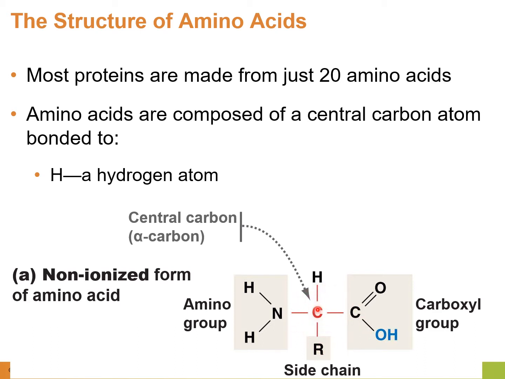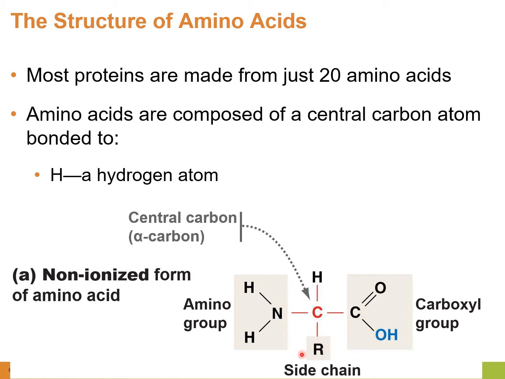We're going to have that initial carbon that's always bonded with this hydrogen atom here. Then you can see that we're going to have different functional groups. Here on the left, we have the amino group. So this is one functional group. And then here on the right, we have the carboxyl group, which is the second functional group.